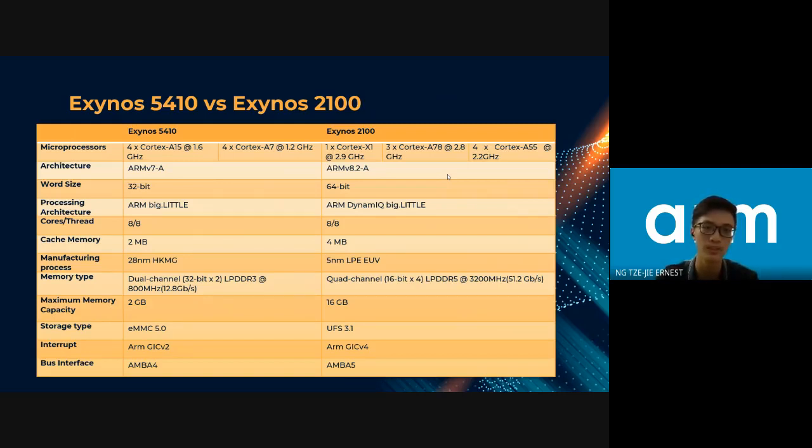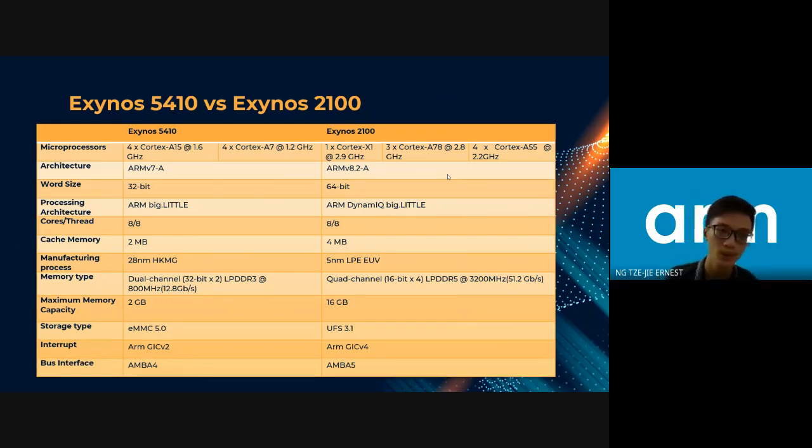The processing architecture is ARM DynamIQ big.LITTLE with 1 custom core, the Cortex-X1, 3 performance cores, the Cortex-A78, and 4 power efficient cores, the Cortex-A55. It also has 8 cores and 8 threads, 4 MB of cache memory, fabricated on the 5 nanometer Samsung LPE EUV process, quad-channel LPDDR5 RAM with maximum memory capacity of 16 GB, UFS 3.1 storage type, ARM generic interrupt controller version 4, and the AMBA 5 bus interface.